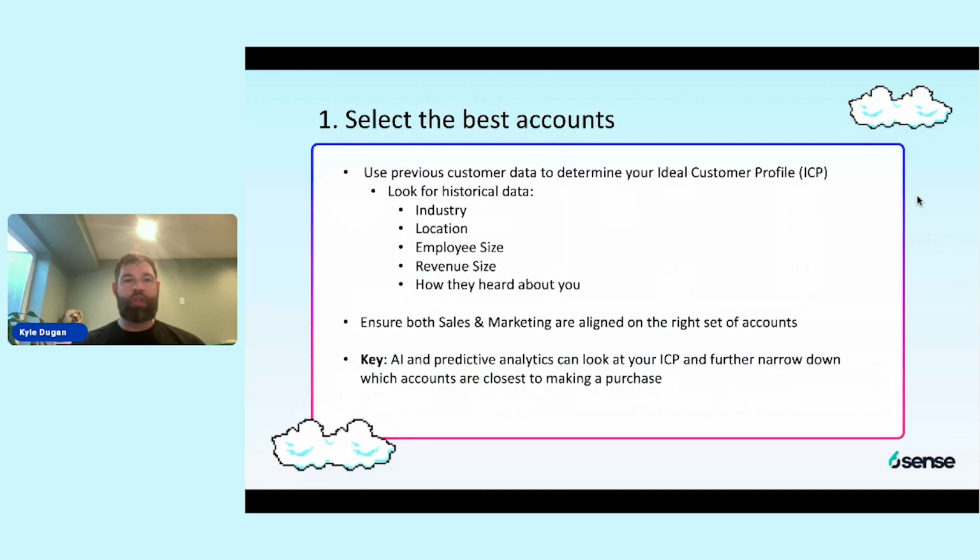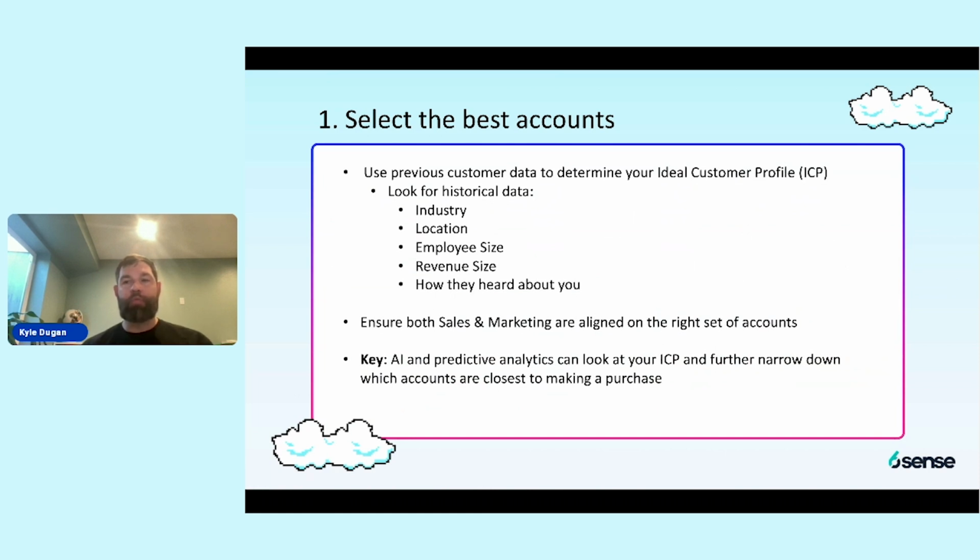And to do that, I'm going to start with kind of an overview of what the steps are. Select the best accounts. So what does that really mean? For us in ABM, that really means taking a look at historical data to develop what we call the ICP. That's going to be your ideal customer profile.